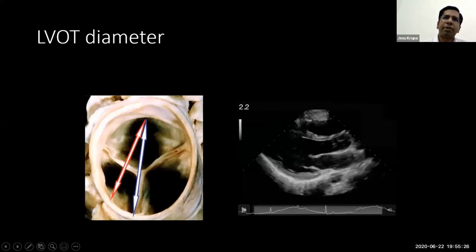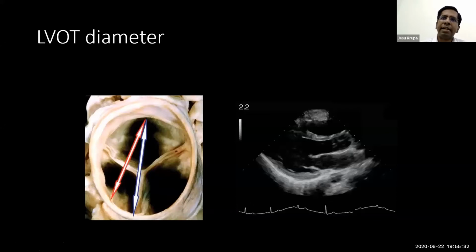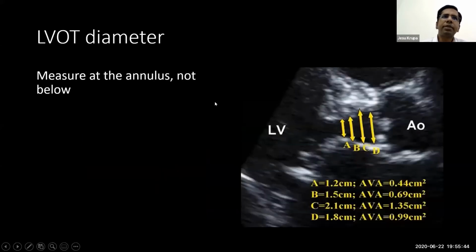Now it is important to make sure that the LVOT is fully open, the aortic valve is also nicely open, and the LV is properly centered. That will give us the maximum diameter of the LVOT. If it is oblique or something, then we can underestimate the LVOT diameter. We have also seen numerous times what will happen if we measure at different levels.